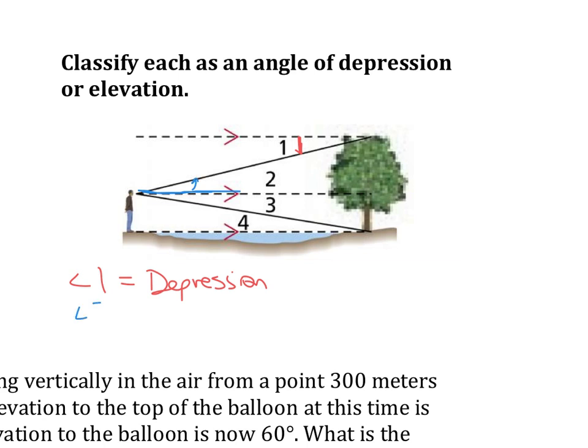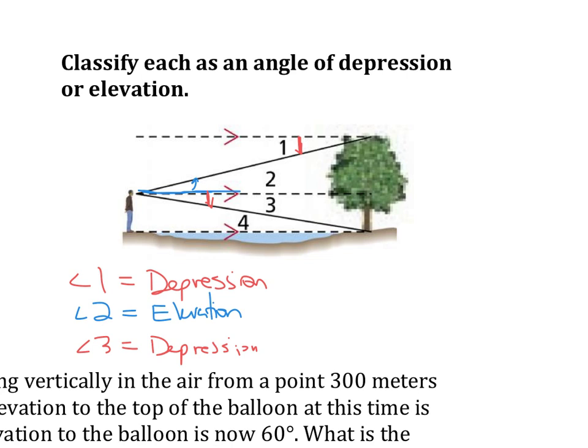So angle 2 is going to be elevation. From that same horizontal, that same kind of eyesight of the gentleman, angle 3 is in between those two. So it's kind of down from his eyesight. So angle 3 is another angle of depression.